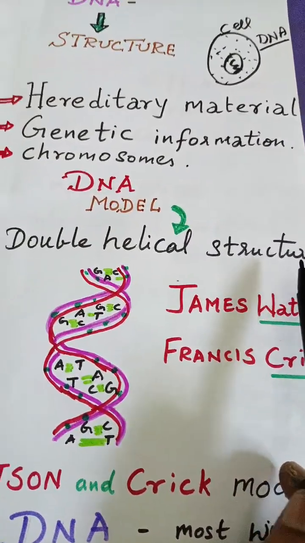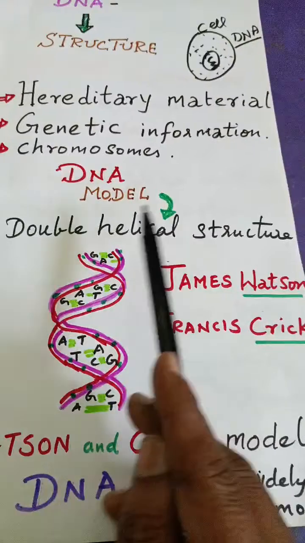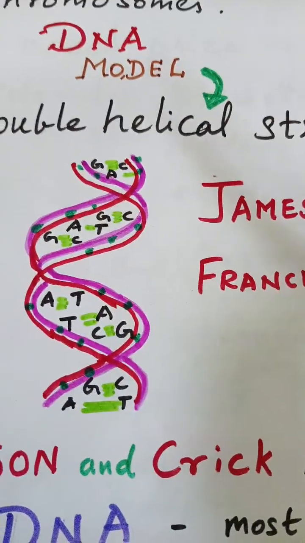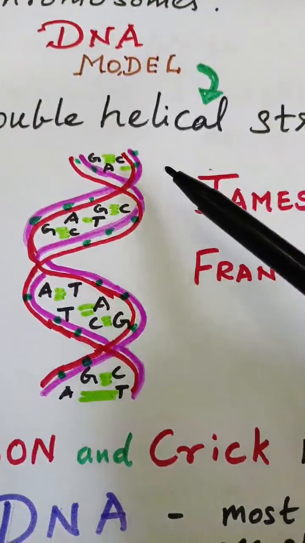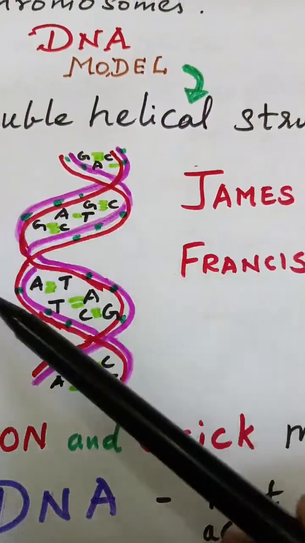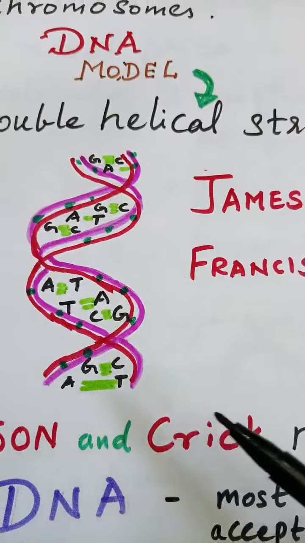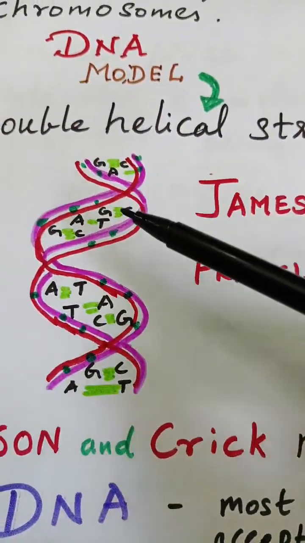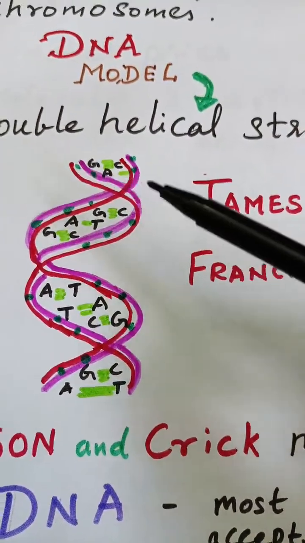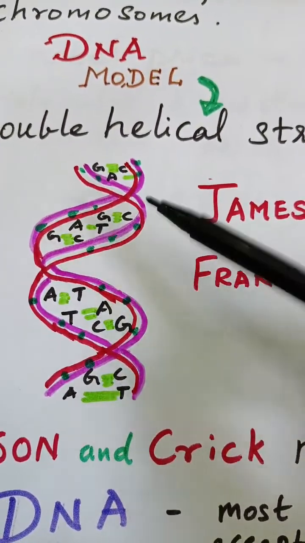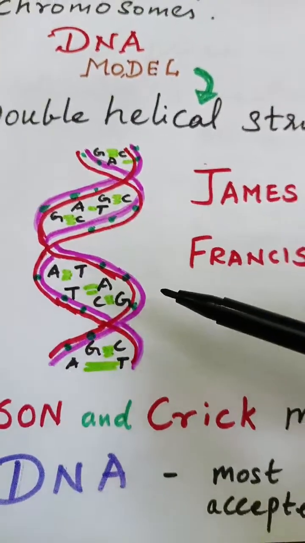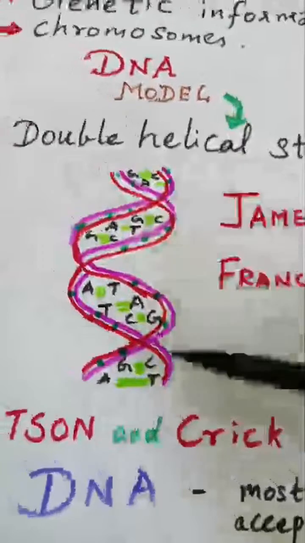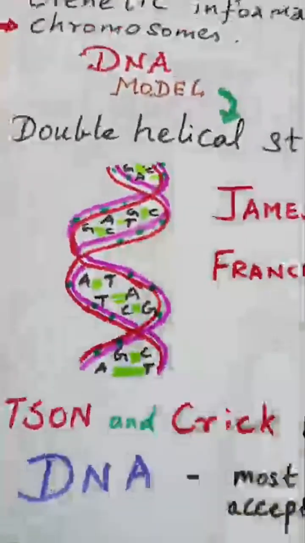This was proposed by the great scientists James Watson and Francis Crick. These two great men found that DNA is a double helical structure. Why is it double helical? If you see the structure, you can identify it. There is a helix. This is the helical structure I'm showing you, and in its interior part it has some T, G, and C, which are the nitrogenous bases. Let me explain the nitrogenous bases in the upcoming session.